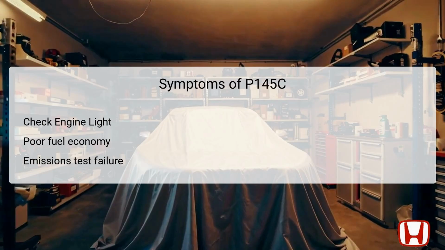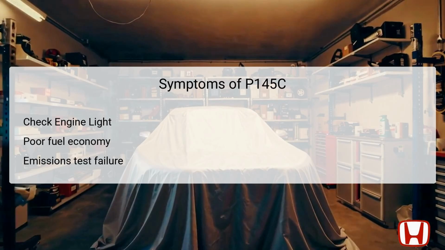When DTC P145C is present, several symptoms may manifest in the vehicle's performance. One of the most immediate indicators is the illumination of the check engine light on the dashboard. This light serves as a warning that the vehicle's onboard diagnostic system has identified an issue.